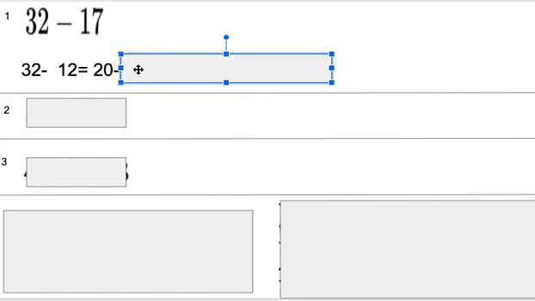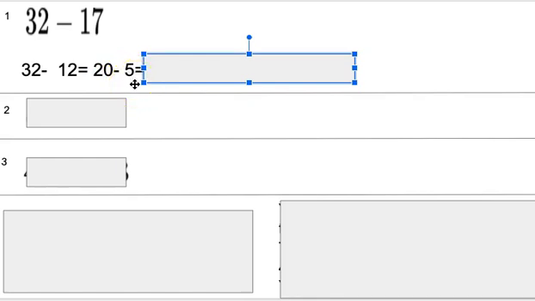But that's not all. I kind of moved those numbers around. The 12 is not 17 and 17 is not 12. So I do know that 17 minus 12 equals 5. So I can take away 5 from the 20 to get my answer.